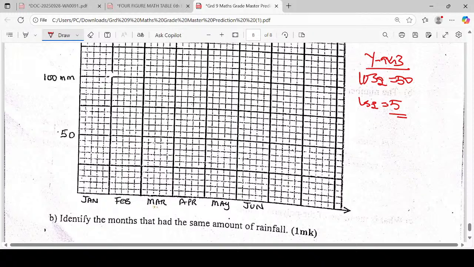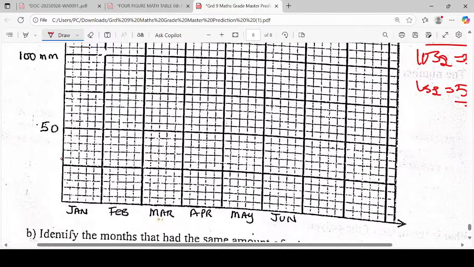And make sure you are drawing bars using a ruler. So this is how you draw it. So this is for January.